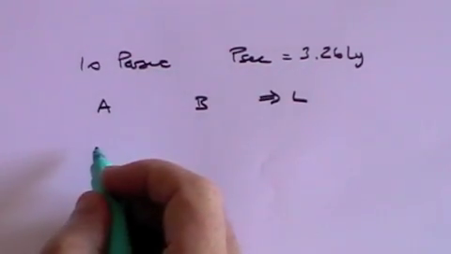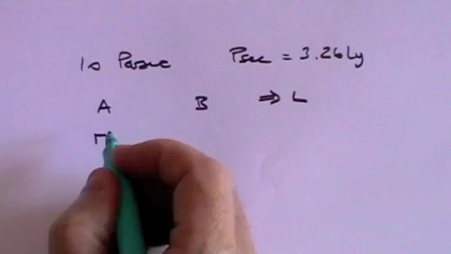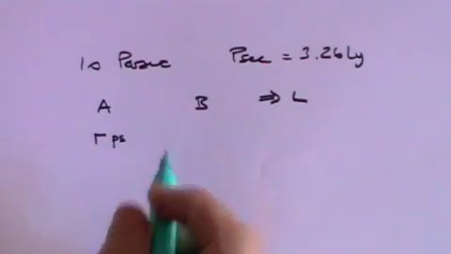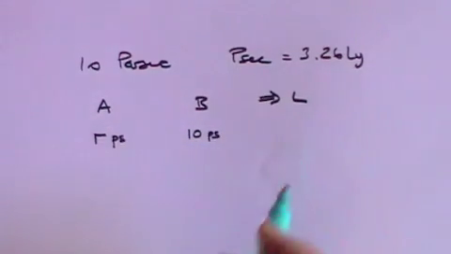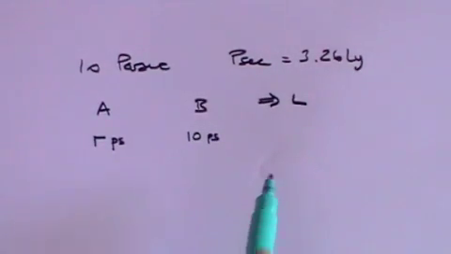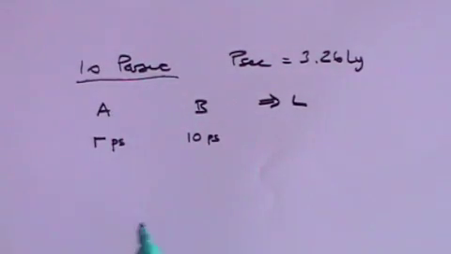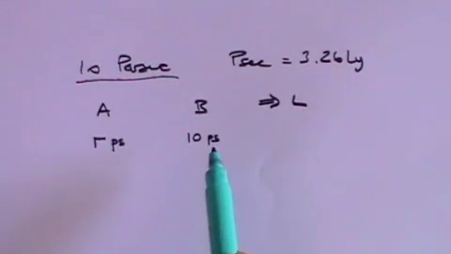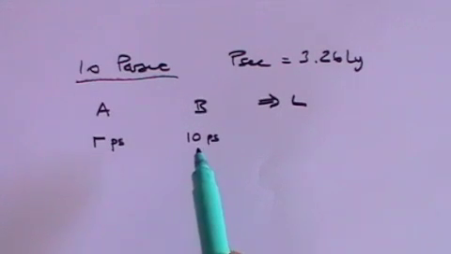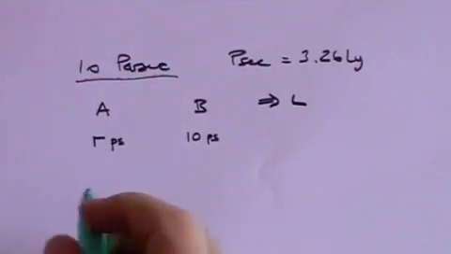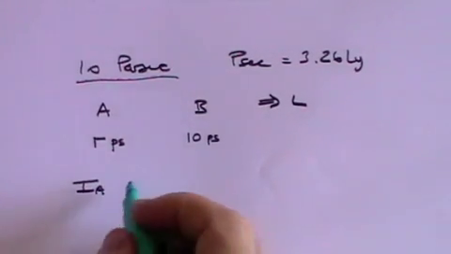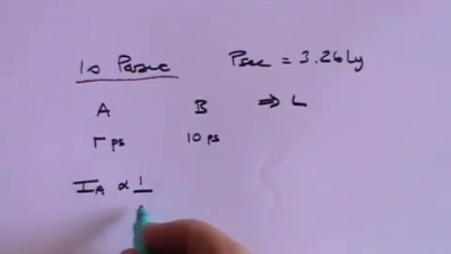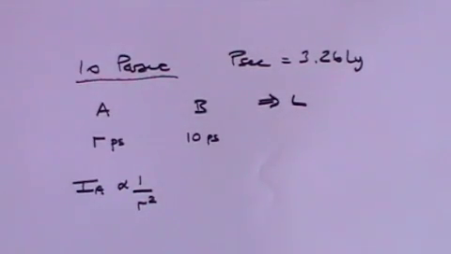And let us assume that A is r parsecs away, and that B is a distance 10 parsecs away. And as I've already said, if it's 10 parsecs away, then the magnitude will be the absolute magnitude, because that's how we define absolute magnitude. Now we know that the intensity perceived on Earth of the A star will be proportional to 1 over r squared, because intensity always falls off as the square of the distance.